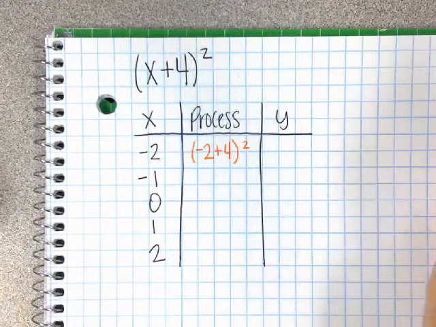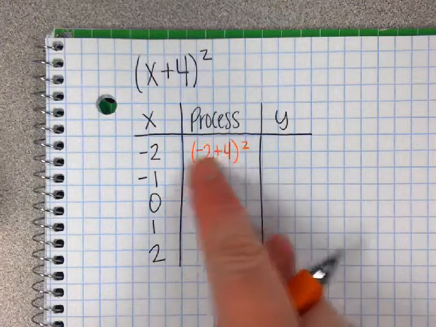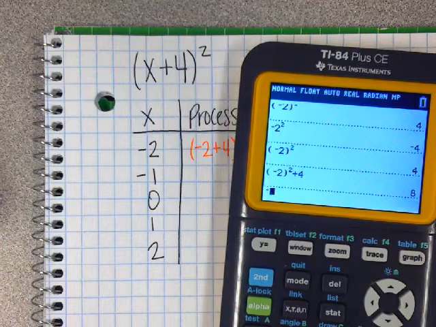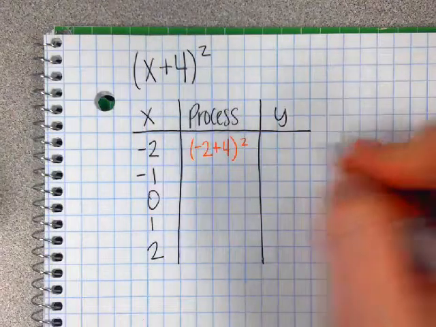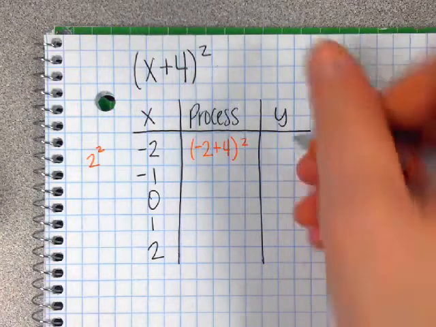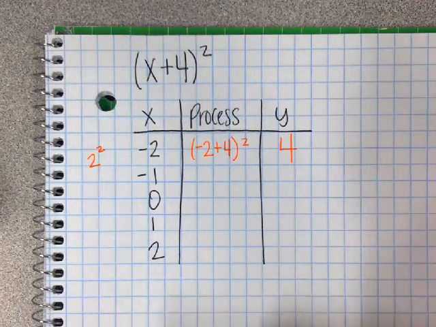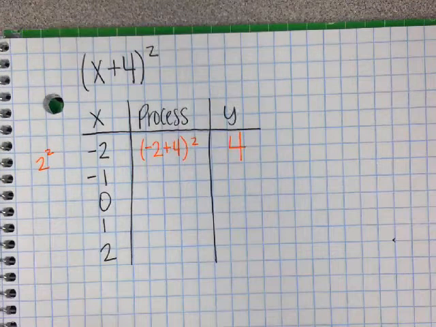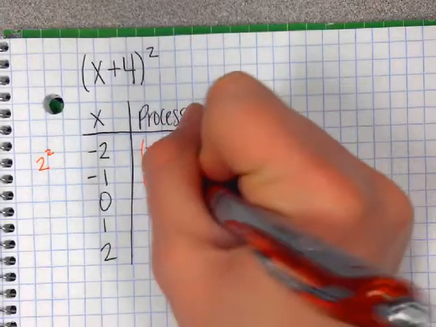So we're going to do -2 plus 4 squared. Since this is inside of the parentheses, I have to do that first. So negative 2 plus 4 is 2. And then I'm going to have to do 2 squared. 2 times 2 is 4, so the answer would be 4 on this one.